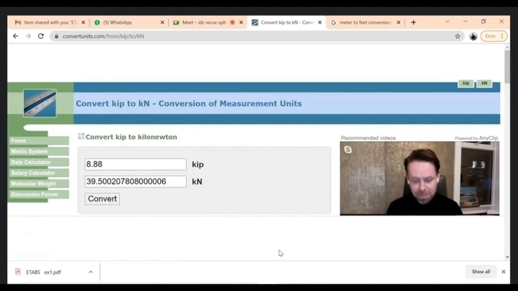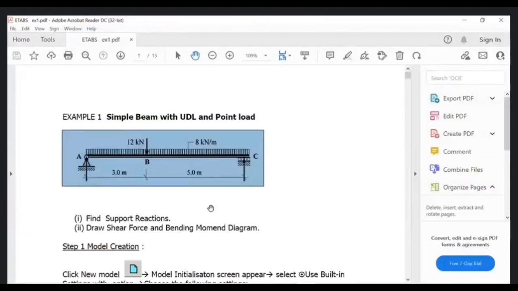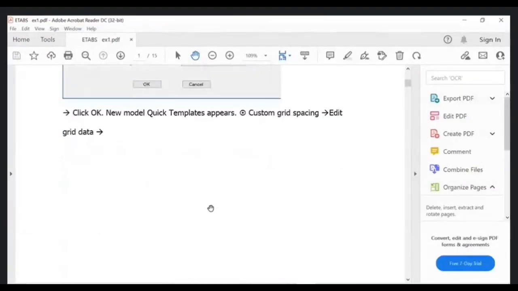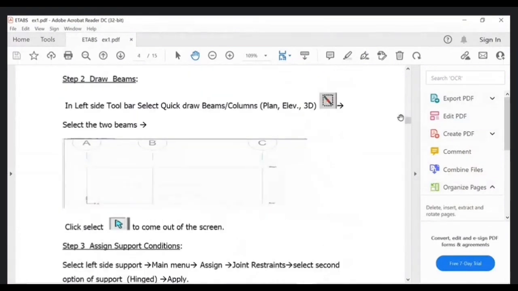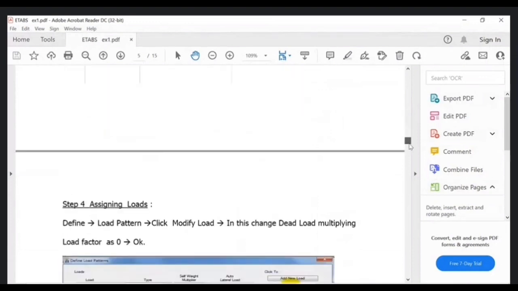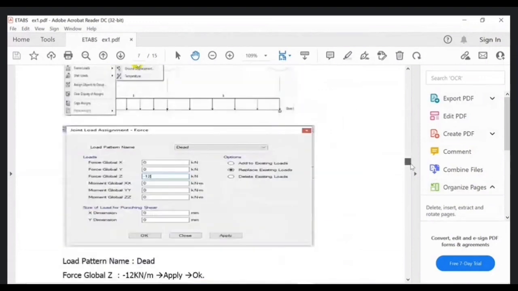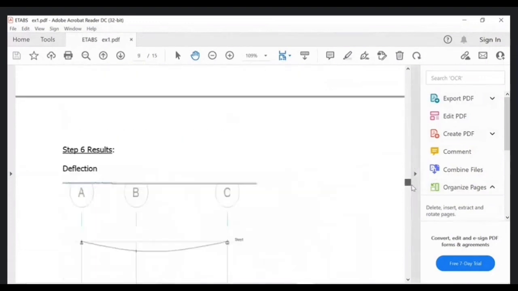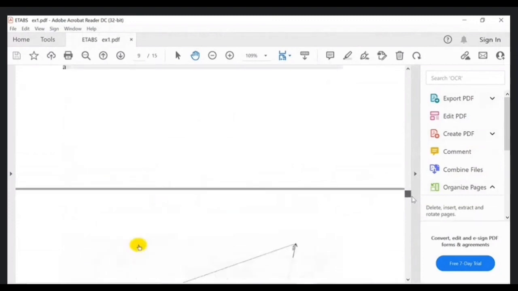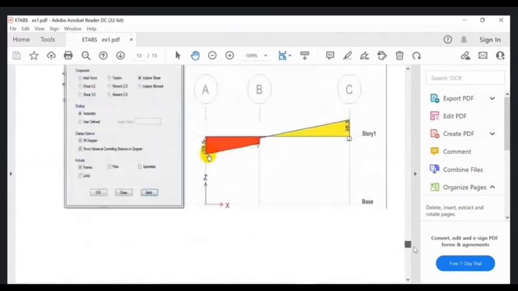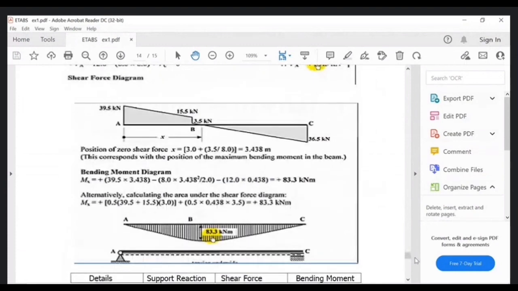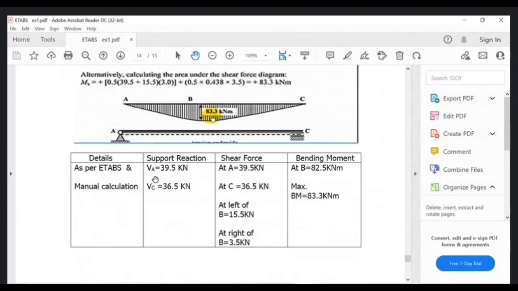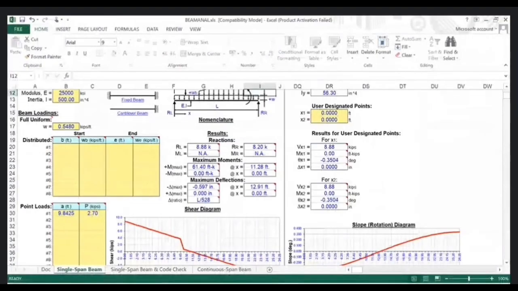So we can check here. You can see the reaction at the left support is 39.5 kilonewton. This value is automatically generated by our Excel sheet.